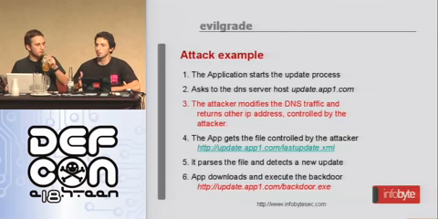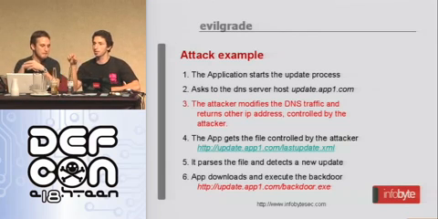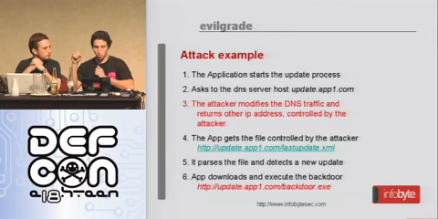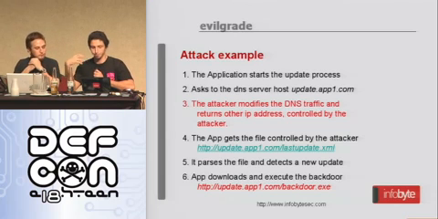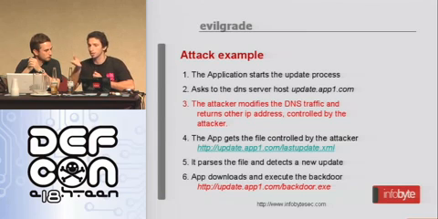The attack is quite simple. You have to manipulate the DNS request in the victim. The idea is to change the update process so it sends the request to ours and delivers an attack vector, depending on the implementation of the module and the application that you are trying to attack.